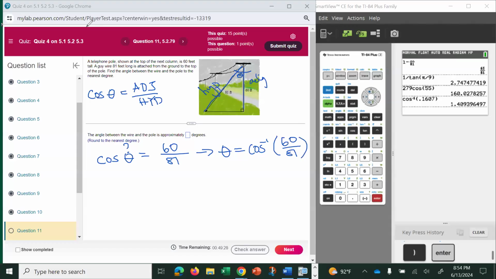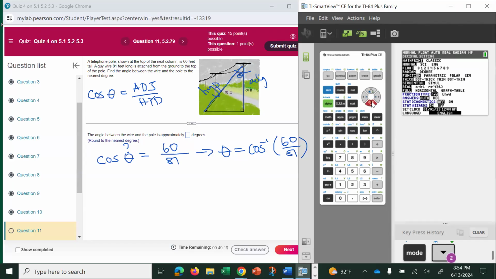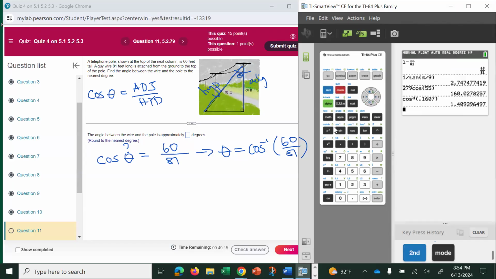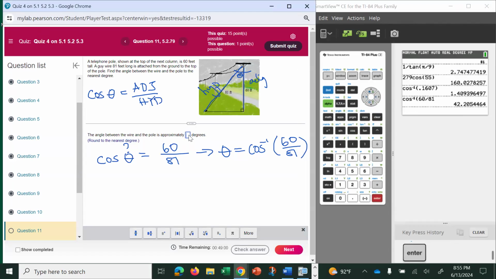Make sure you're in degrees again, so I need to change to degree mode. Then if we type in the inverse cosine of 60 over 81, it'll give us 42 point something, round to the nearest degree, so it's 42 degrees.